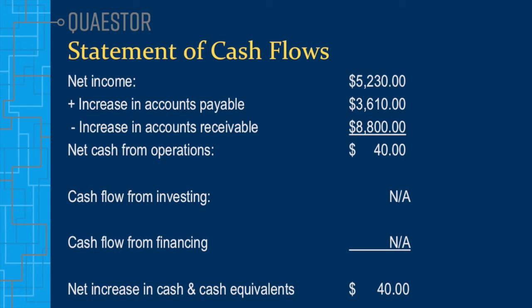And our cash flow from investing and cash flow from financing are not items that a typical chapter is going to experience. So the statement of cash flows in this example produces a net increase in cash and cash equivalents for the current period of $40.